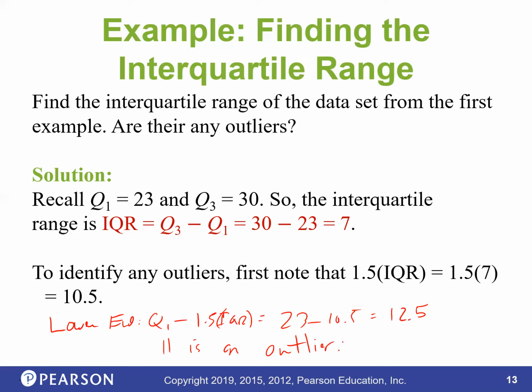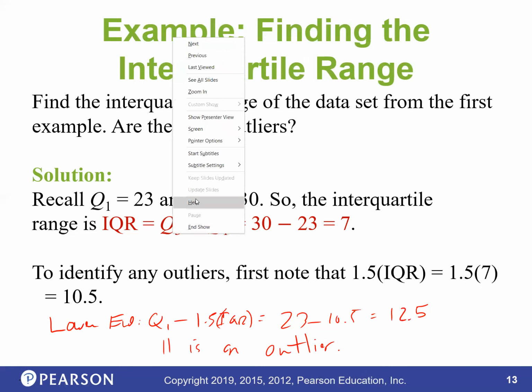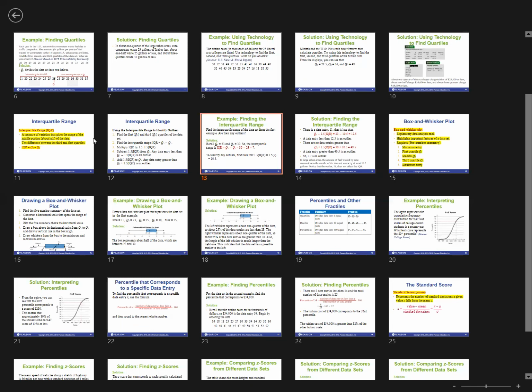Let me do this super quick. I made a mistake previously. Did you guys find if there are any outliers in the higher end? I'm going to do this real quickly here.